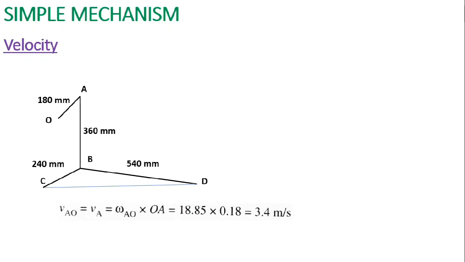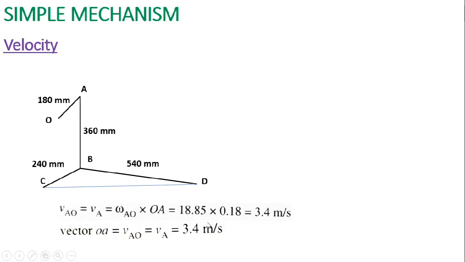So 2 pi 180 upon 60 will give 18.85 radians per second. I have not shown this calculation of omega_AO here on the screen just because we have already seen how to calculate the angular velocity of the link from the RPM given in the previous lectures. So when we substitute this, we get 3.4 meters per second. So here that velocity vector will be of the length 3.4 meters per second.